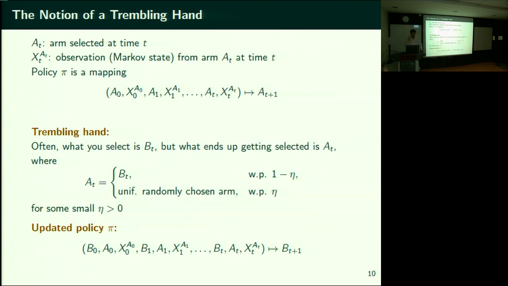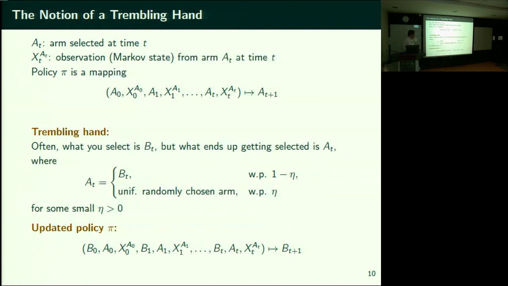So you intend to select arm BT, but you end up selecting arm AT. You can see which arm got selected. Finally, the observation that you get is from the arm that actually got selected, not the one you intended to select. If both of them match, then it's okay.